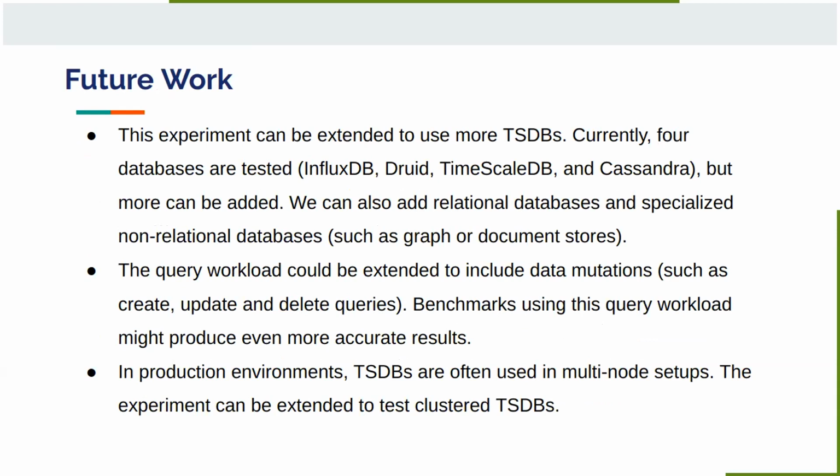The second point is, the query workload could be extended to include data mutations such as create, update, or delete queries. Currently, I have only experimented with select queries, so the experiment can be done using data mutation queries as well. Benchmarking using this query workload might produce even more accurate results.